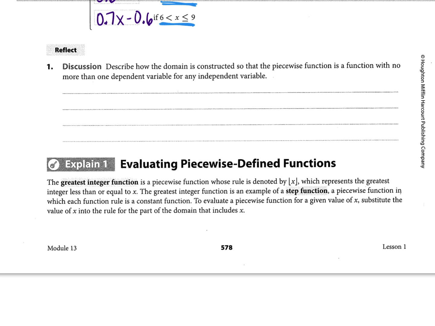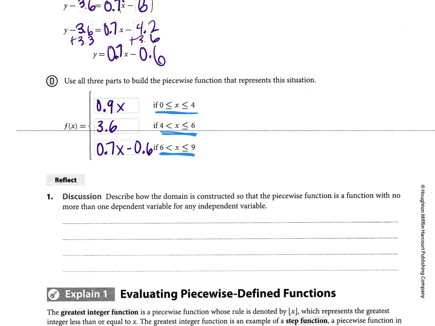Question 1. Describe how the domain is constructed so that the piecewise function is a function with no more than one dependent variable for any independent variable. If we go back and look at the blue domains, the 4 only appears in this part, but it's not included in here because there's no equal to sign under the less than symbol.